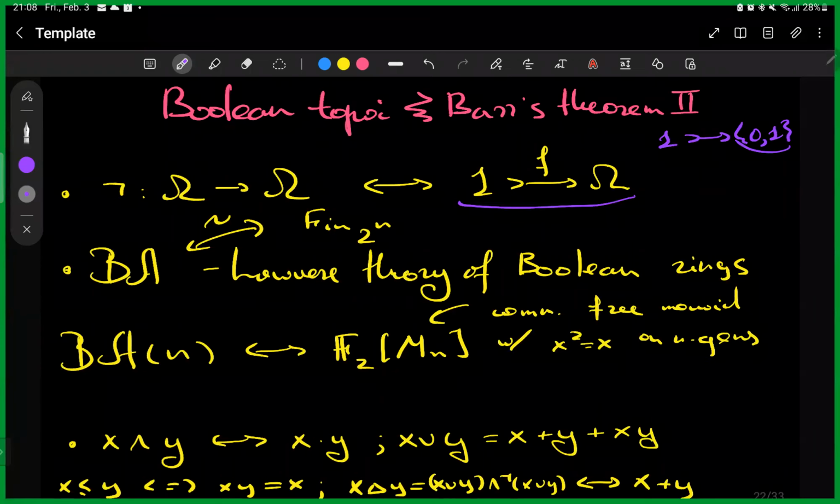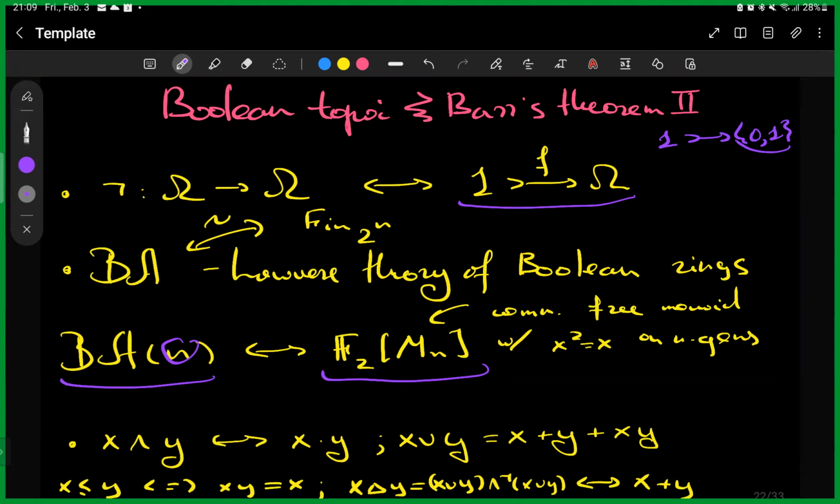So the value on an integer n is a group ring of a free monoid with idempotents with coefficients in F2. So it is just the quotient of the usual free monoid on n generators by the relation that the square of each element equals this element. And then the morphisms between two objects are given just by morphisms of algebras.